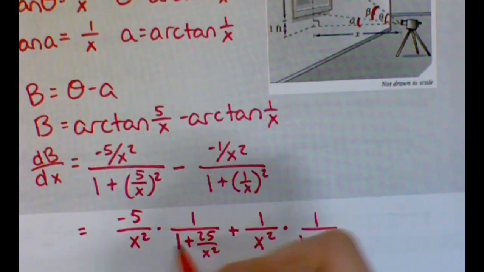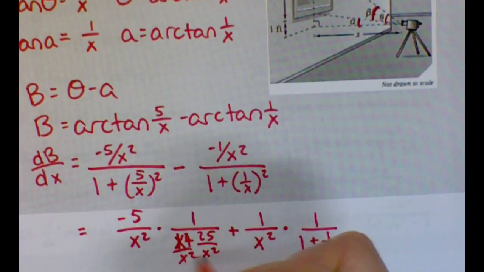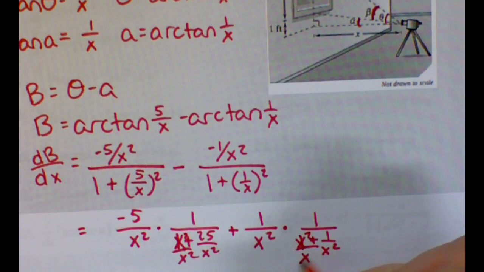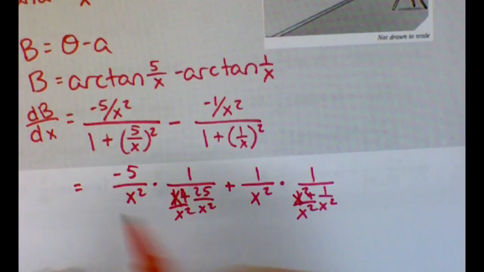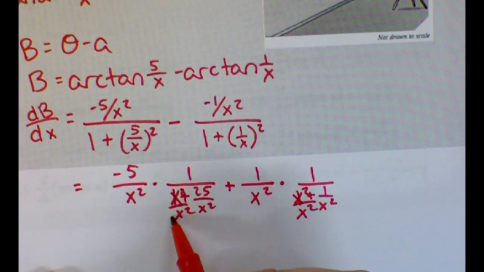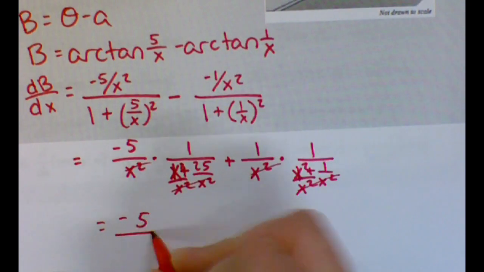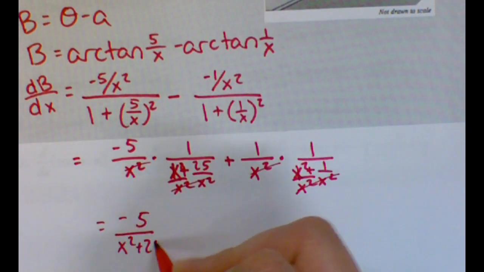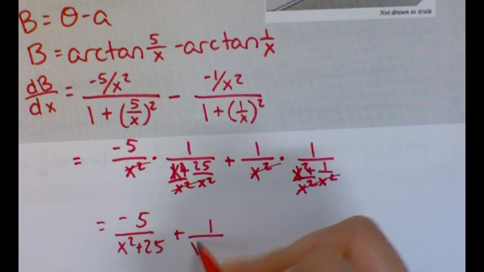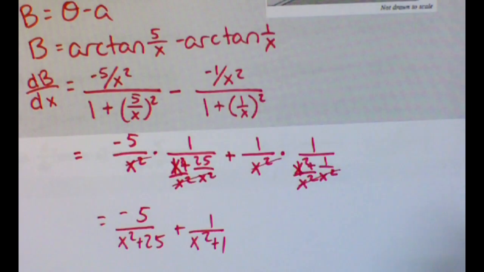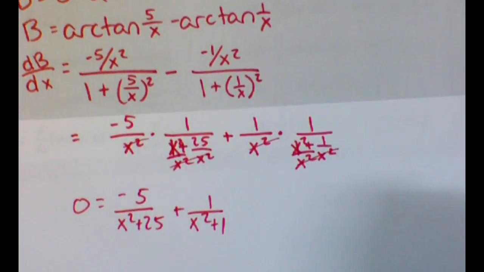Let's see, we can make these denominators x squared over x squared. X squared times all this is going to cancel out those denominators. Negative 5 over x squared plus 25, plus 1 over x squared plus 1. I'm setting this equal to 0.